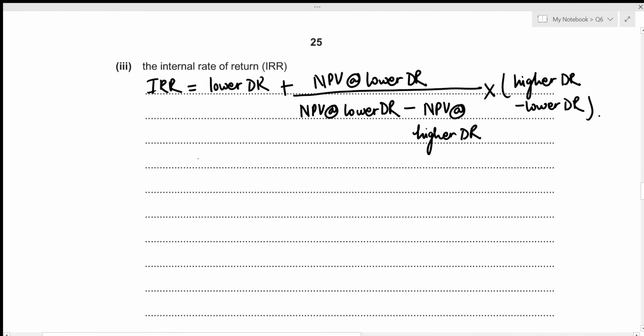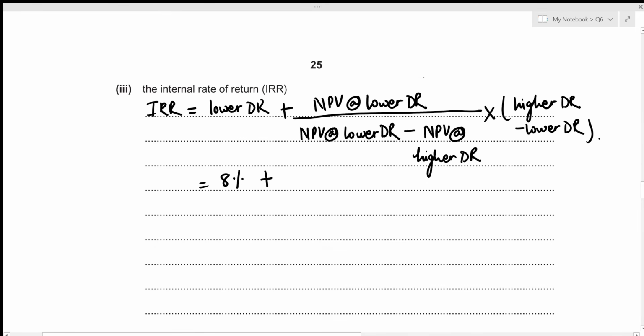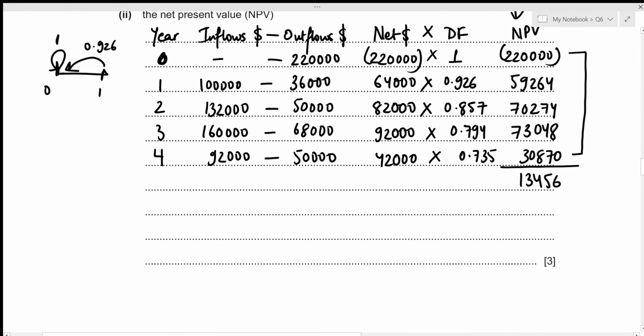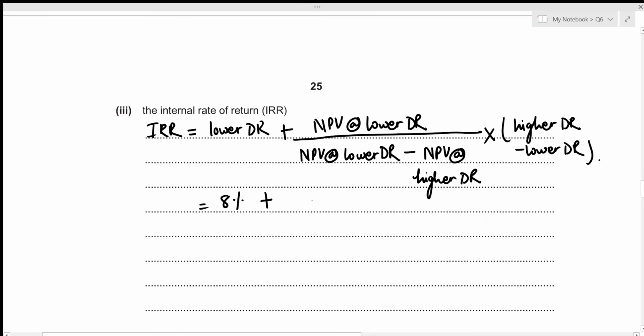So the lower one is 8% plus we require net present value at the lower discount rate, which means that we require the net present value at 8%, which we just figured out above, and that amounted to 13,456. Let's write it down. 13,456 divided by net present value at lower discount rate, which is again the same thing.